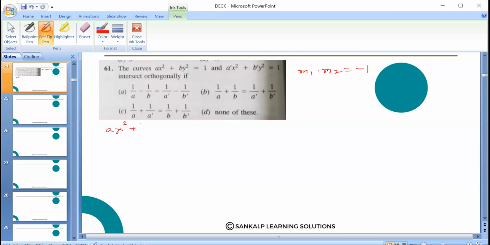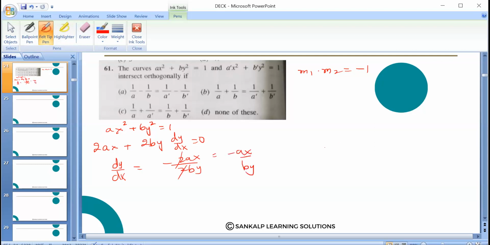So for the first curve, we will find dy by dx. Derivative of ax square is 2ax, by square is 2by dy by dx equal to 0. So dy by dx is minus 2ax by 2by. 2 and 2 will cancel. It's minus ax by by. This is the slope of the first tangent.